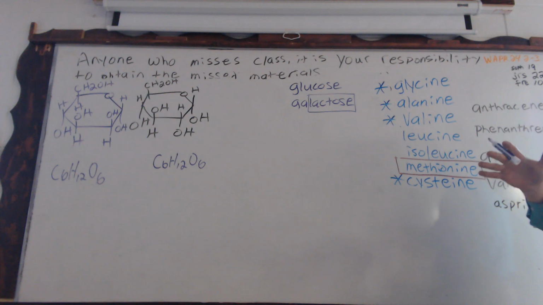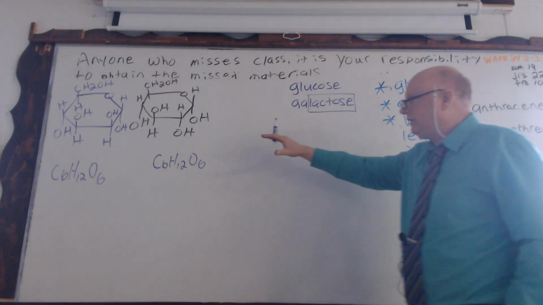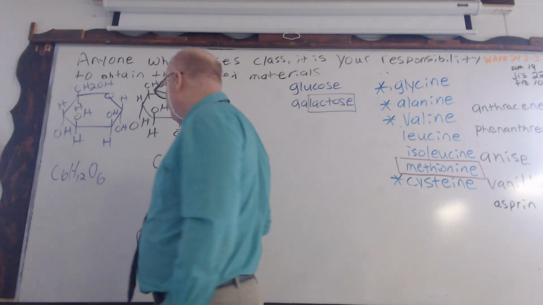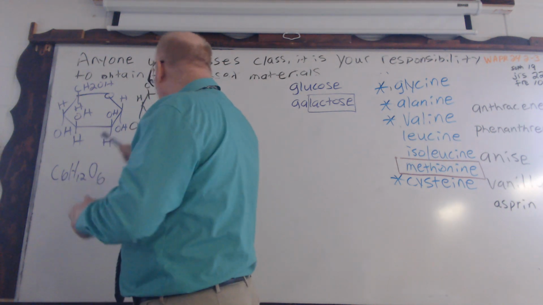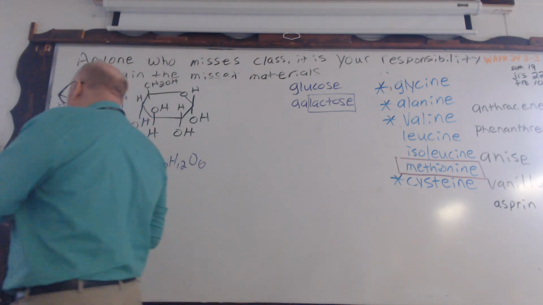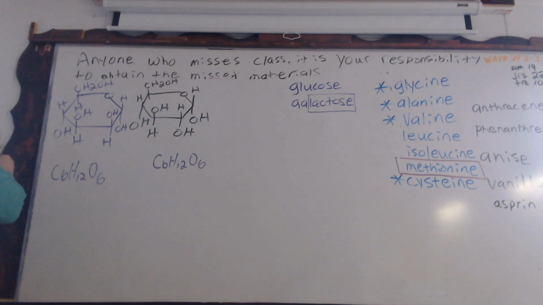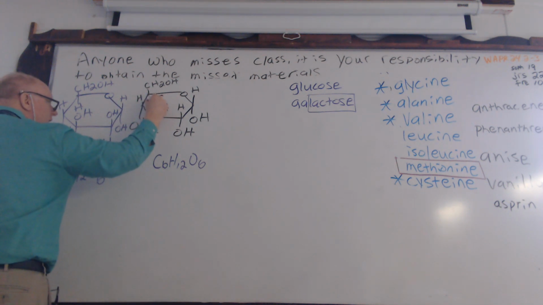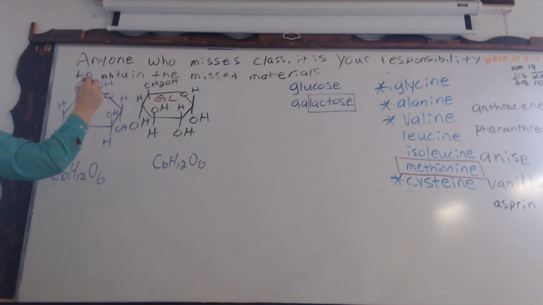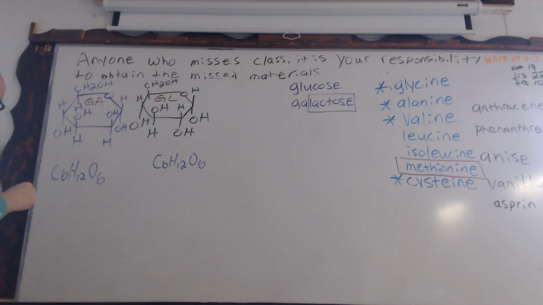But that doesn't change anything. The only thing that we want you to be able to decipher, okay, that must be glucose on the right. So I'll put GL in here for glucose, okay, and I'll put GA in here for galactose.